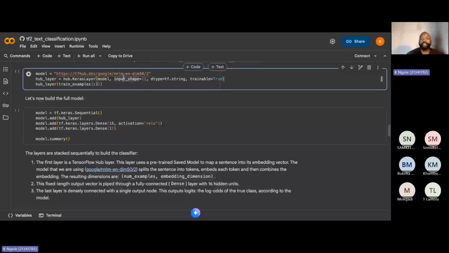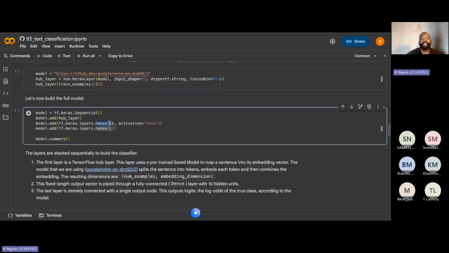We have that, and then we will have the next layer, which will have 16 neurons. The activation function that we're going to use will be the ReLU here. And then the last layer, we'll have one output. So you look at this problem, we have one output there.